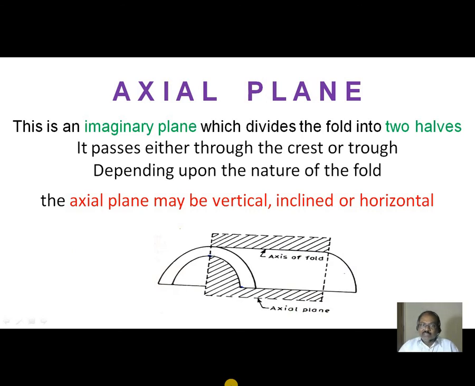Axial plane. An axial plane is an imaginary plane which divides the fold into 2 halves. This is one half, this is another half. It passes either through the crest or sometimes through the trough.